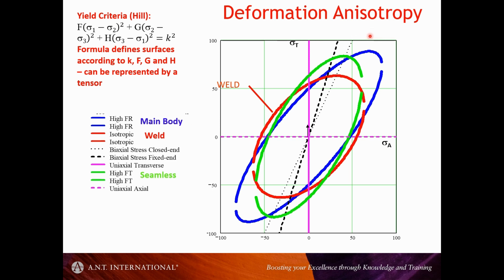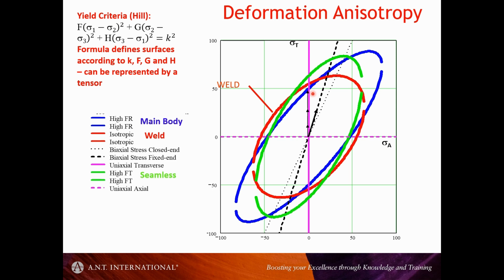If we take a uniaxial test, we increase the stress in a tensile specimen until it intersects the yield surface. If this tensile specimen contains the main body and the weld, which one fails first? Well, it's the main body, as we saw, and that's because that intersects the yield surface at this point.